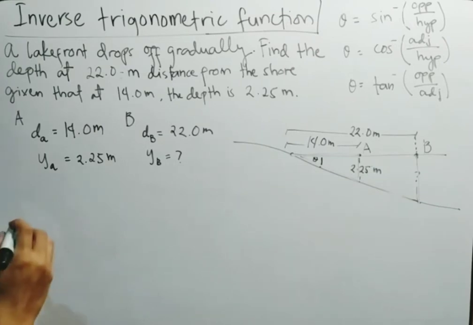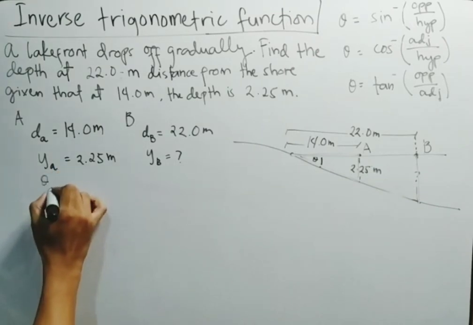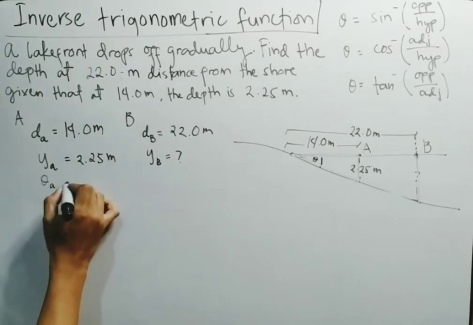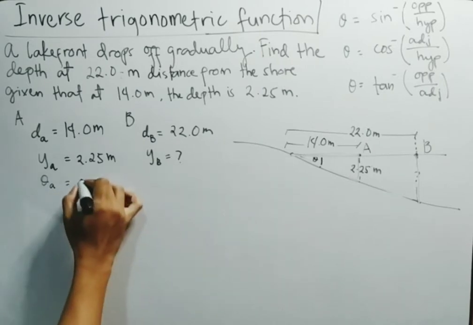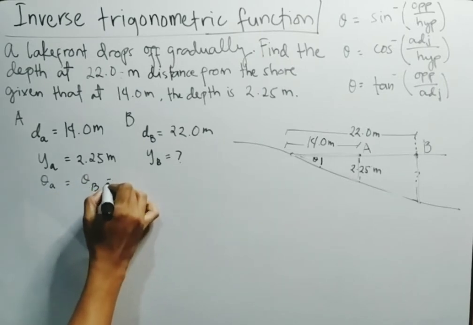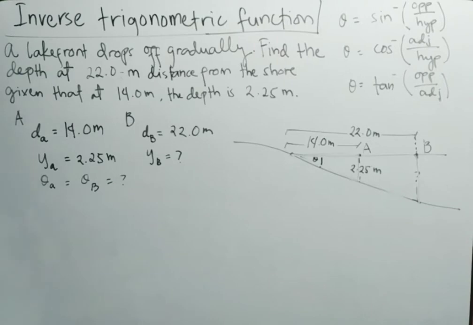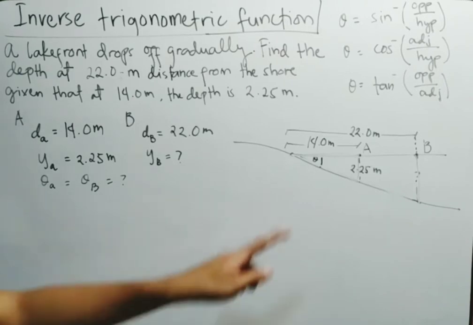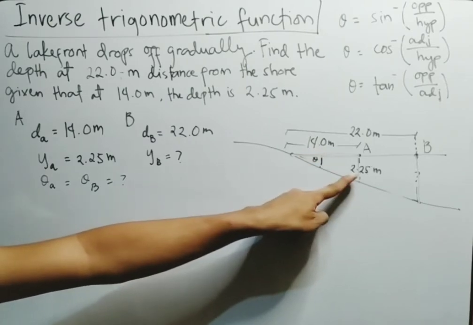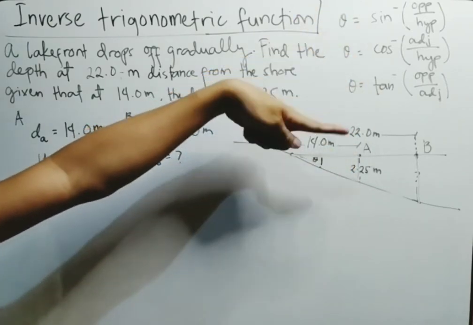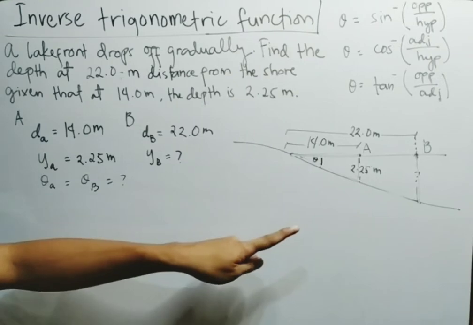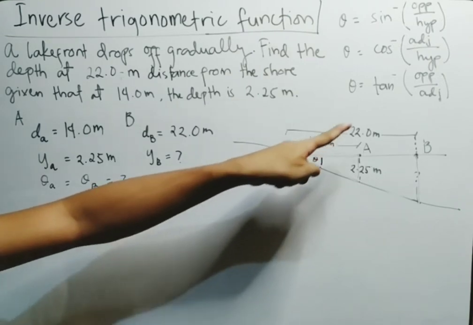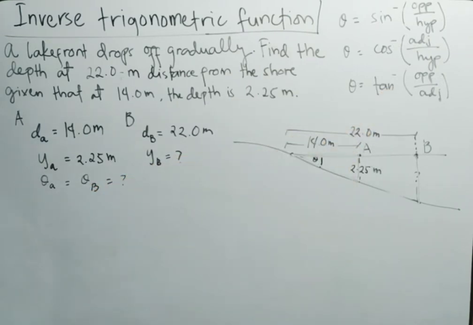Okay, let's find first the angle theta. Theta sub A is definitely the same as theta sub B, which is our unknown. Okay, so to get theta B, you will see na meron tayong adjacent side, meron tayong opposite side. So, base dito sa ating mga inverse trigonometric functions, ang gagamitin natin ay si arctangent function.